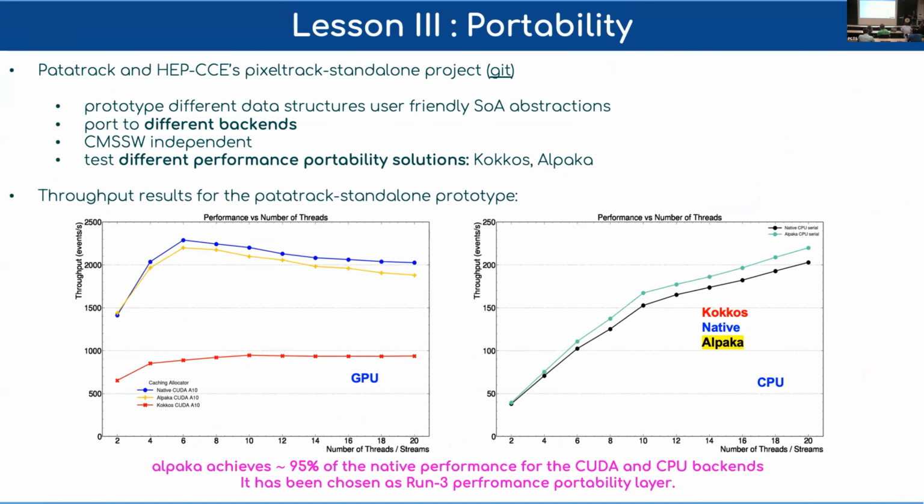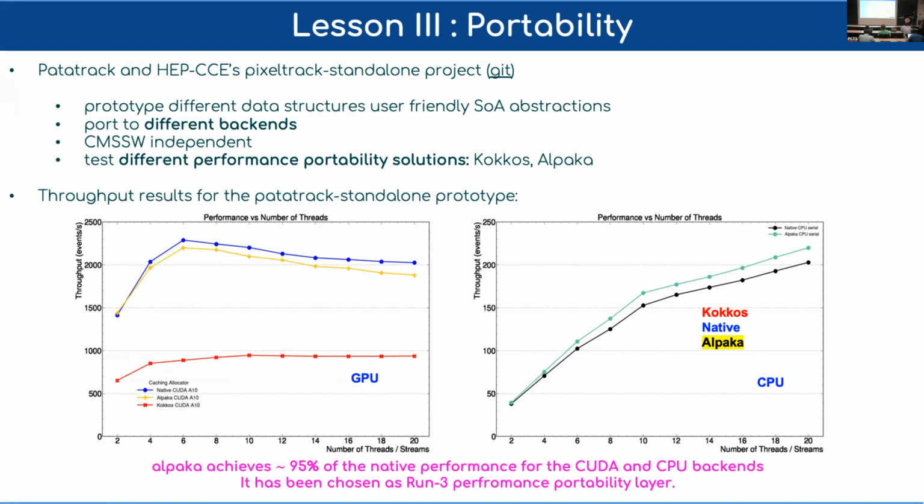The Patatrack reconstruction was ported in a standalone container, in the sense that it doesn't need CMSSW, the software from CMS, to be run. This was useful to prototype different data structures and to play a bit with the different portability solutions. And the results are encouraging, at least for Alpaka, while Kokkos was stuck down here.